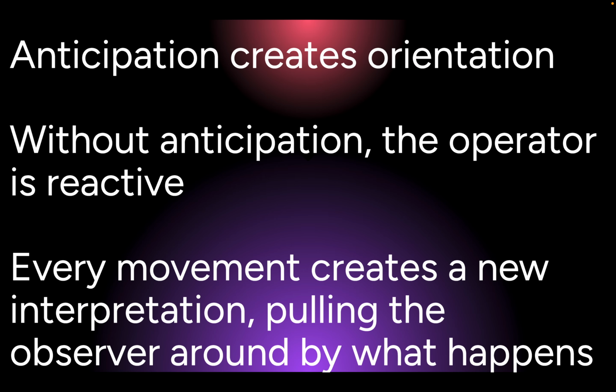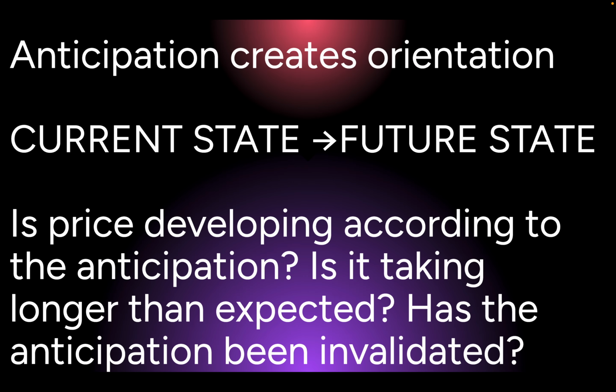This anticipation ultimately creates orientation. Without orientation to price, it is very easy to become reactive to the market. This is where every movement in the market ultimately becomes an emotional pulling back and forth, right? The observer no longer remains the observer, and then they are pulled back and forth by the swing highs and lows of the market.